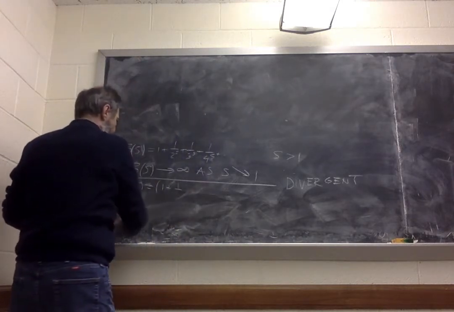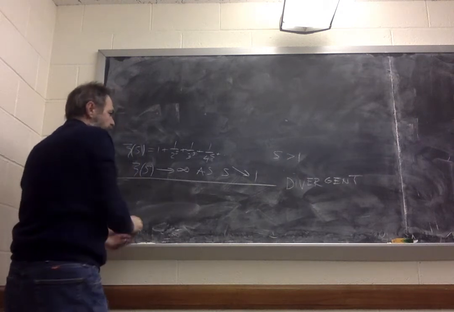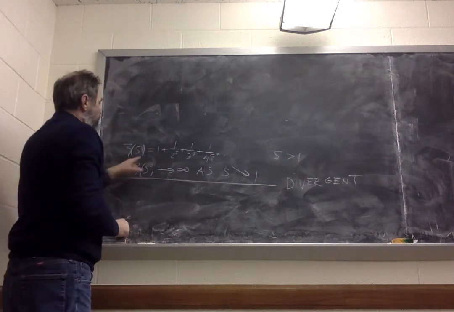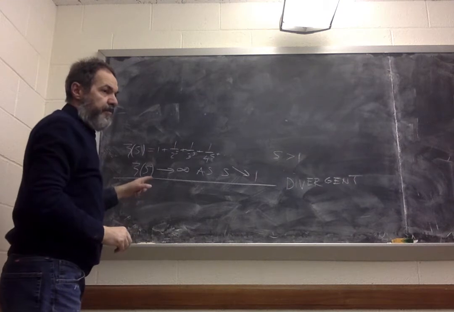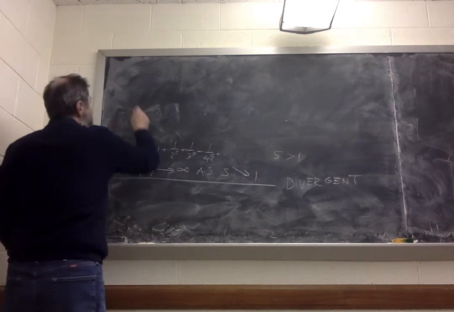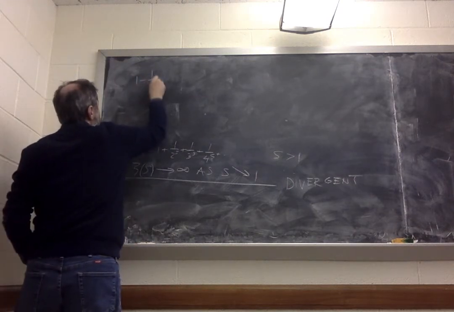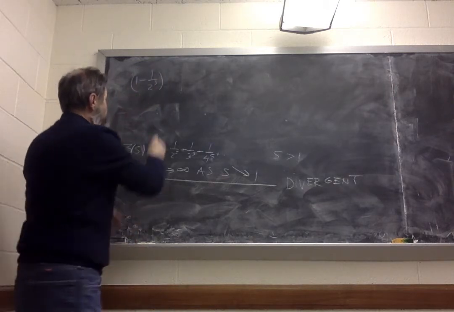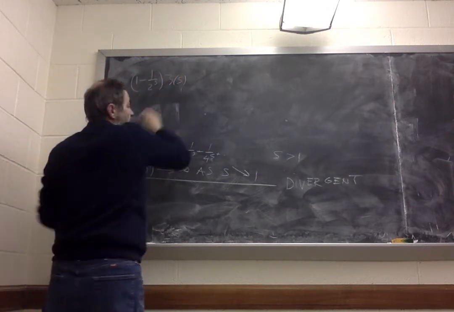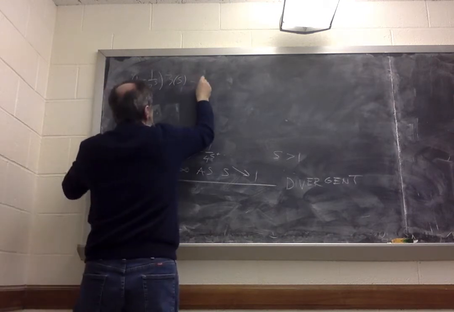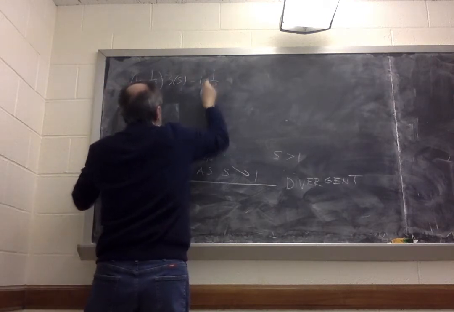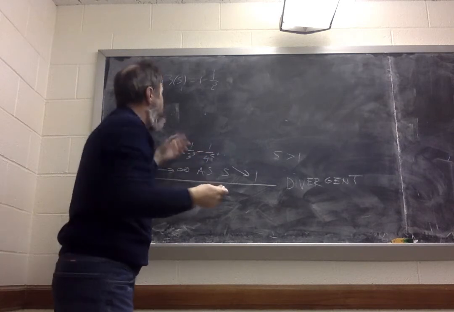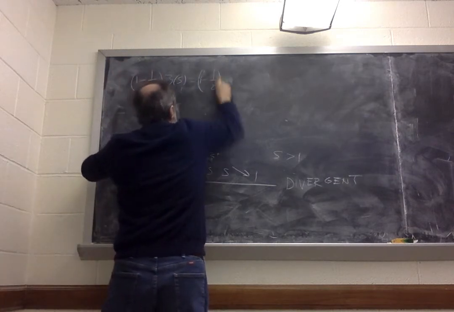And let me simplify this a little bit. So, I take zeta of s and I multiply by 1 minus 1 over 2 to the s. I multiply by zeta of s, see what happens. What happens is, I get 1 minus 1 over 2 to the s. s doesn't bother me, it's just a variable here. 1 minus 1 over 2 to the s times zeta.